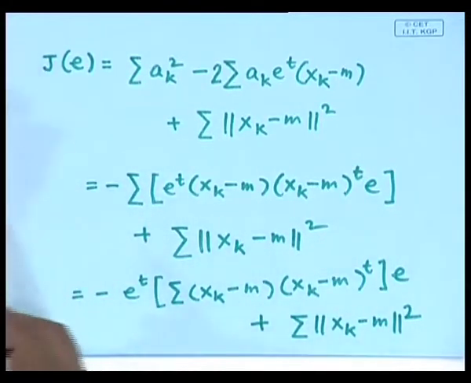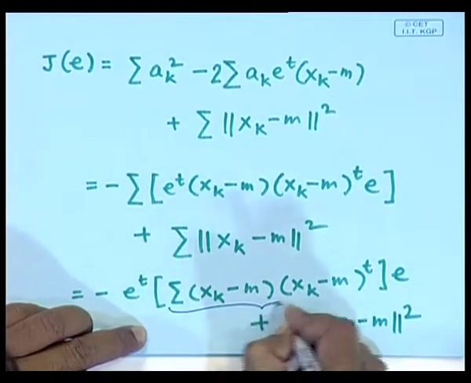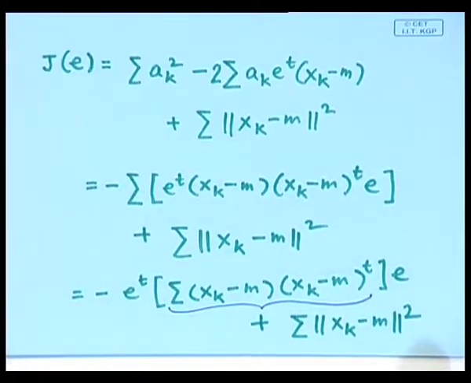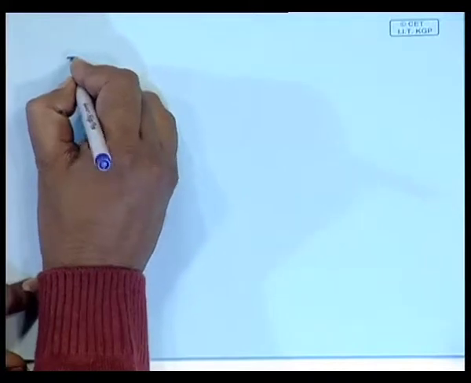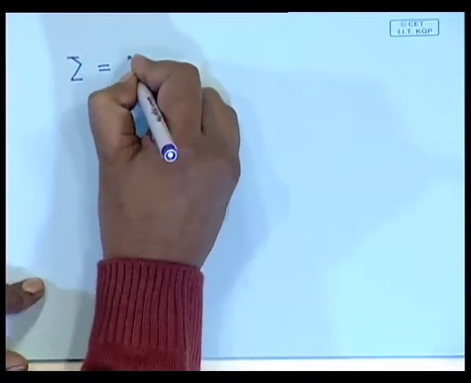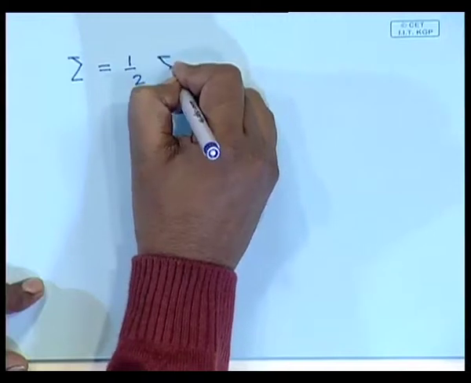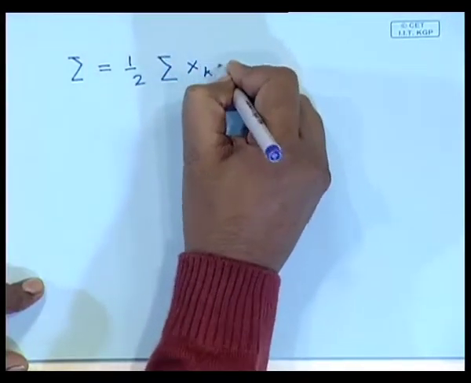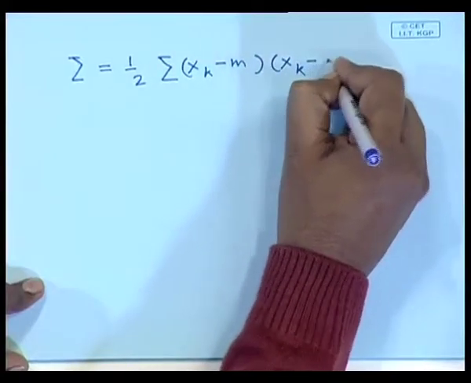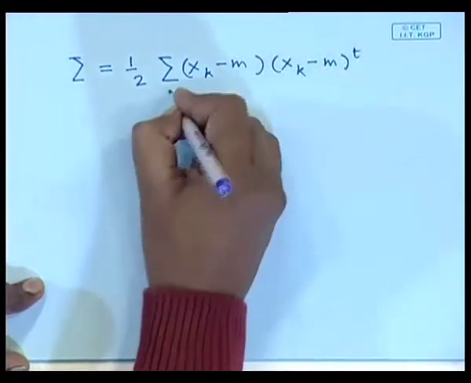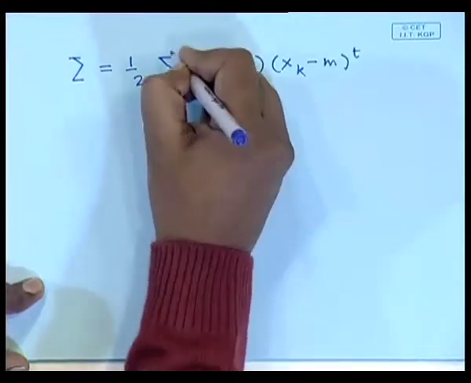Now, you find that what is this term, sum of x k minus m into x k minus m transpose. If you remember from our earlier expressions, what is our covariance matrix sigma? 1 upon n summation x k minus m into x k minus m transpose, take the summation k is equal to 1 to n.